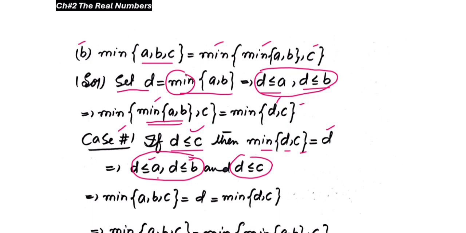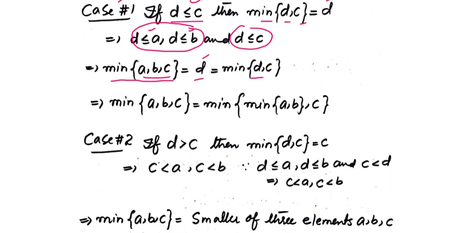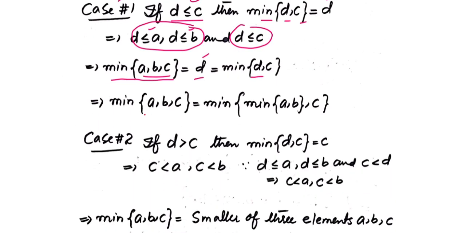So from these three inequalities, we have D is the smaller number among A, B, and C. That's why the minimum value of set A, B, C equals D, which is also the minimum value of set D, C. So for case number 1, left hand side is equal to right hand side.